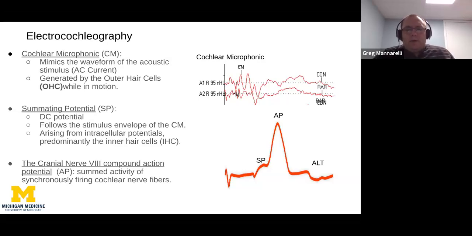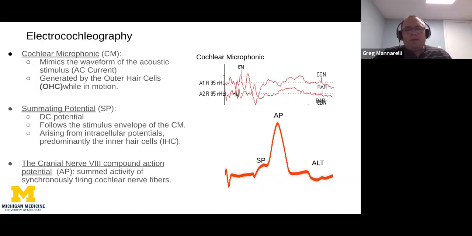The 2 major components we typically are looking at interpreting for the responses we're going to look at today are going to be the summating potential, which is a response generated from intracellular potentials, predominantly the inner hair cells. It's a DC potential, so it's not going to change its polarity when you change the polarity of your stimulus.